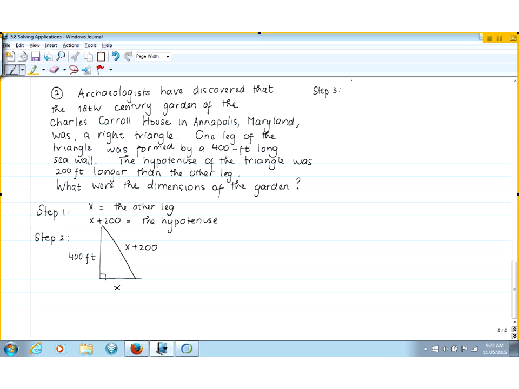What's the equation? Pythagorean theorem. So we have to write down the Pythagorean theorem. What is it? A squared plus B squared is equal to C squared.